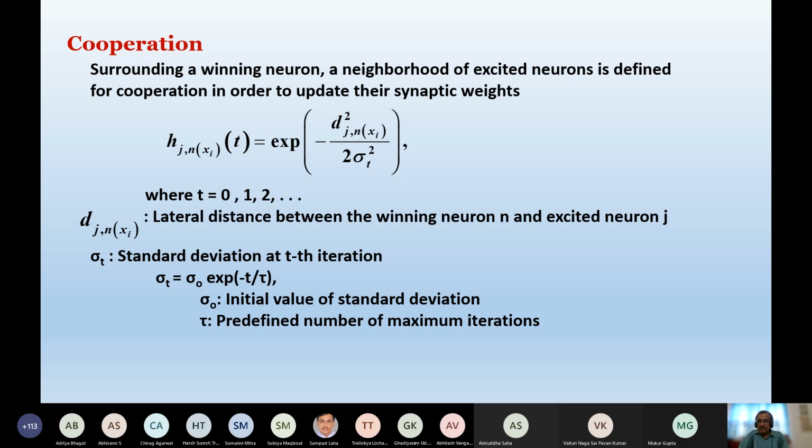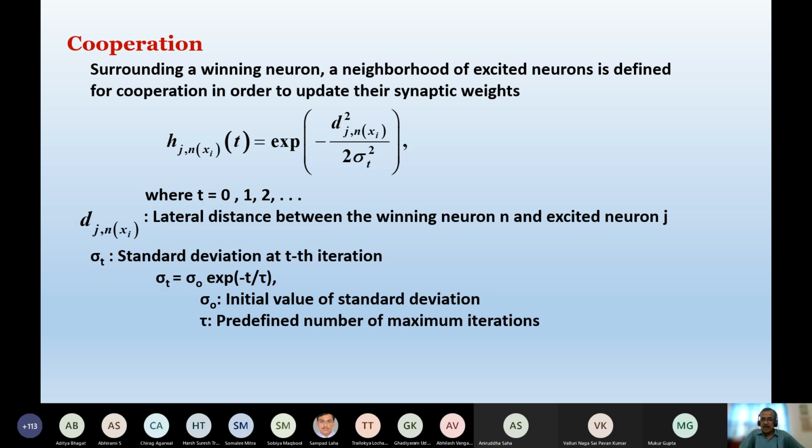It is true for everybody. So sigma t, the standard deviation, initially has a high value, and with the number of iterations, with the number of years, it is reduced. Initially I had a very large sigma t, and gradually it is going to be reduced.